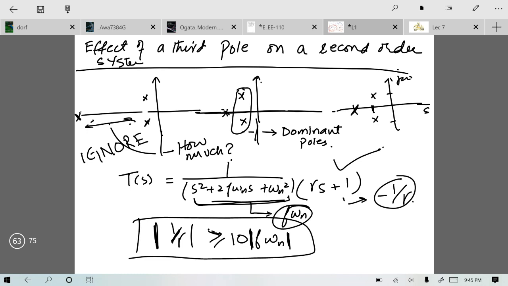I mean to say that if it is minus 1, and if this pole is at minus 10, then forget about this pole.